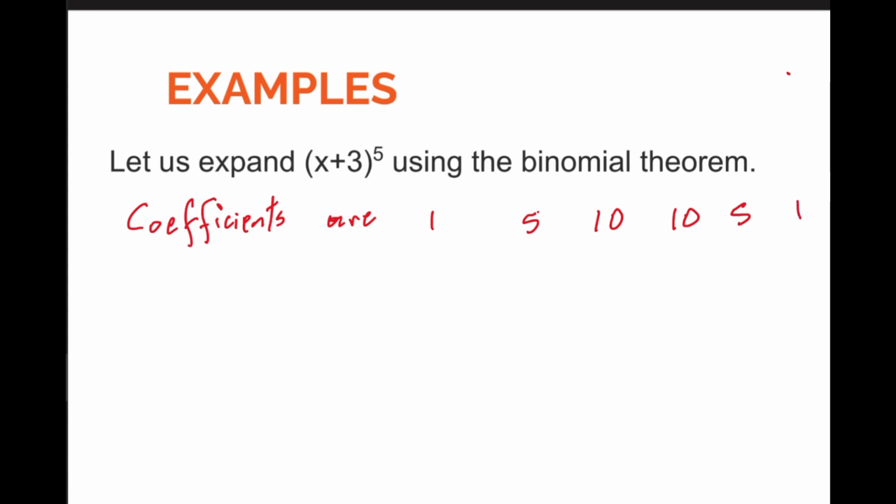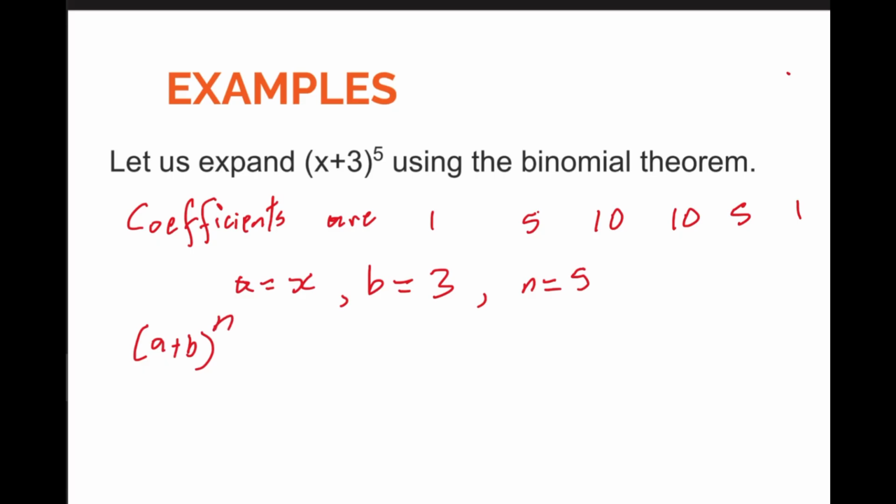So these are the coefficients we're going to use and multiply by our terms. So you could let a be equal to x, b equal to 3, and n will be equal to 5, from a plus b raised to the n. So that's how you expand it out.